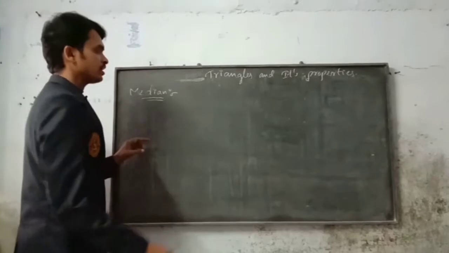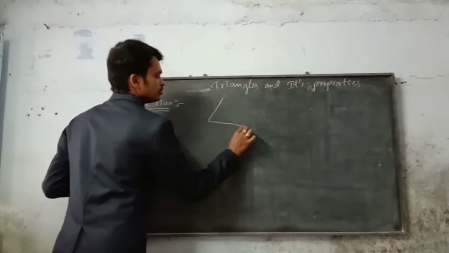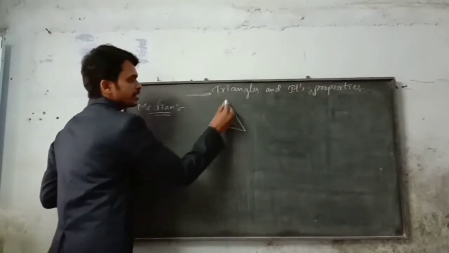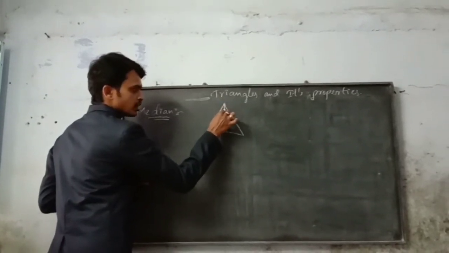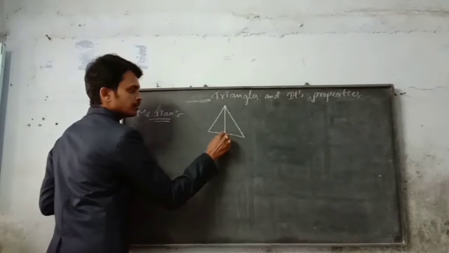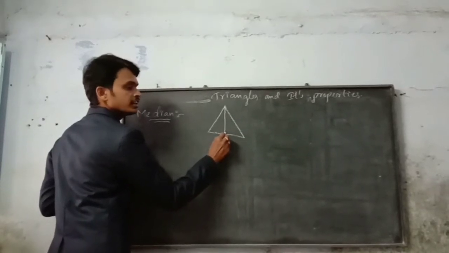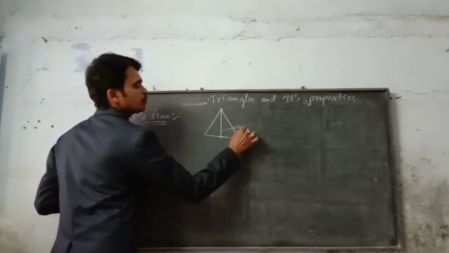The definition of median: the line segment joining a vertex to the midpoint of its opposite side is called a median.